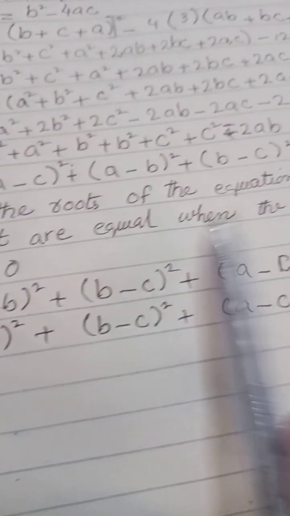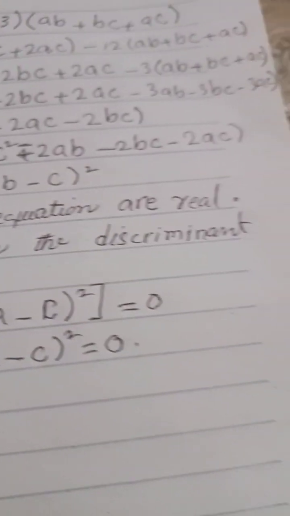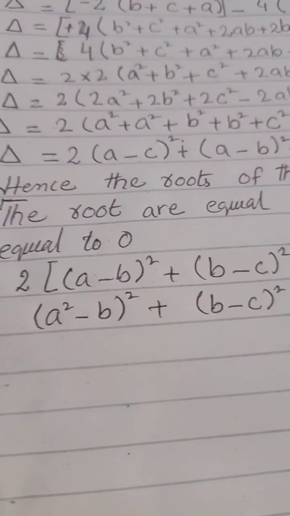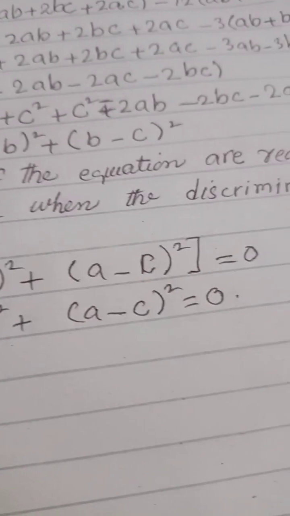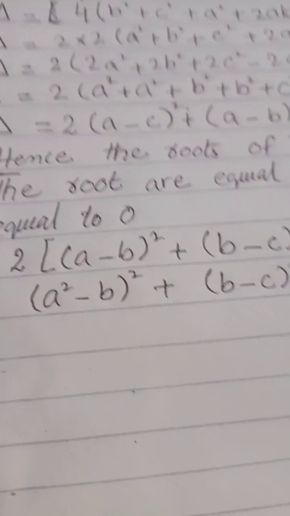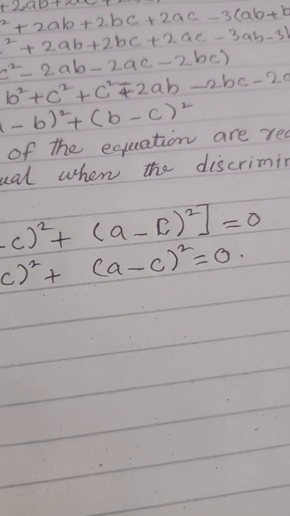Here the roots of the equation are real. The roots are equal when the discriminant is equal to 0. So this equation is equal to 0.